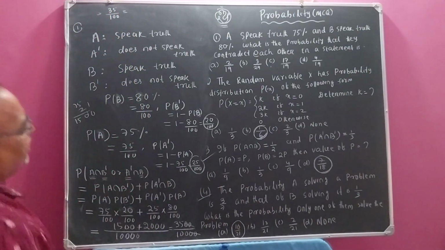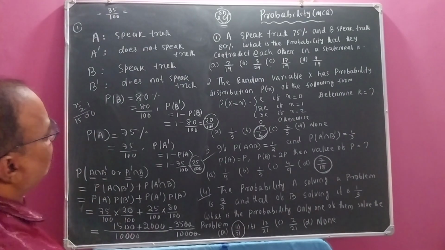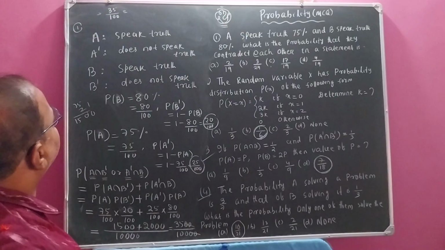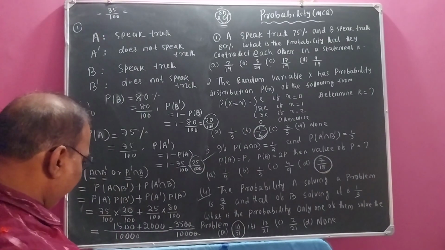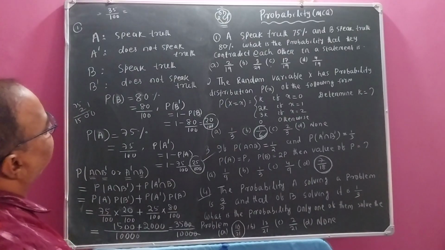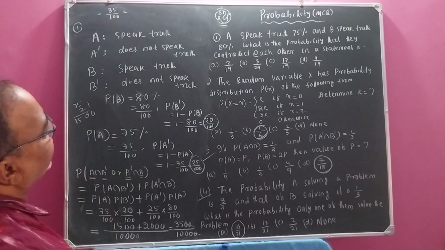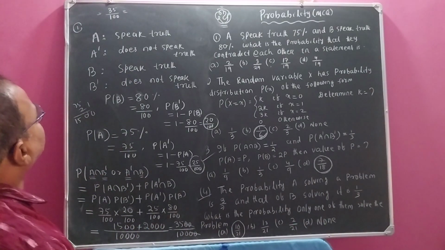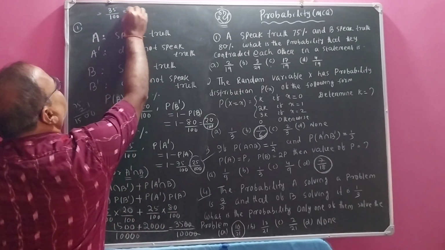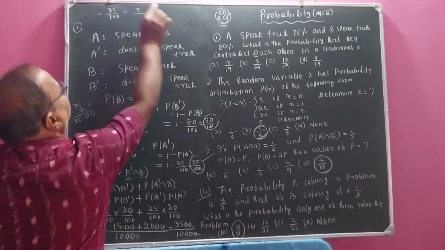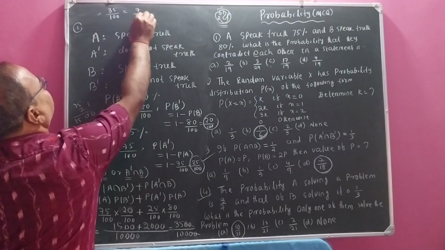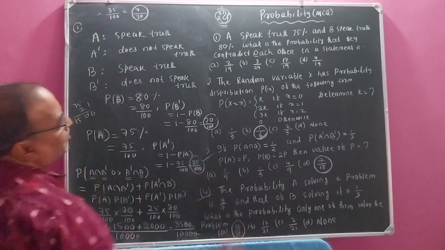So here is the answer. 35 by 100 means 0.35. Here 5 into 7, it is 20. 7 by 20 is the answer.